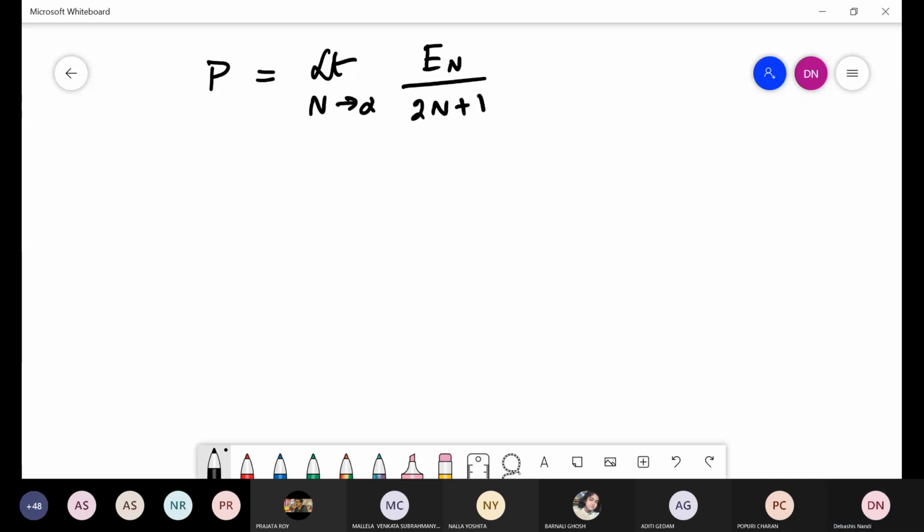Now you see that if E is finite, then obviously P will be equal to 0.